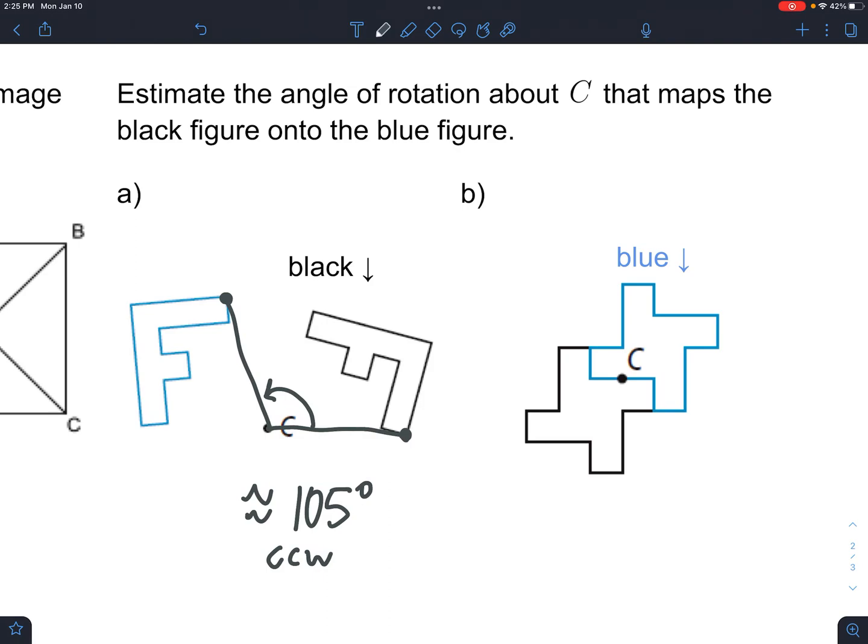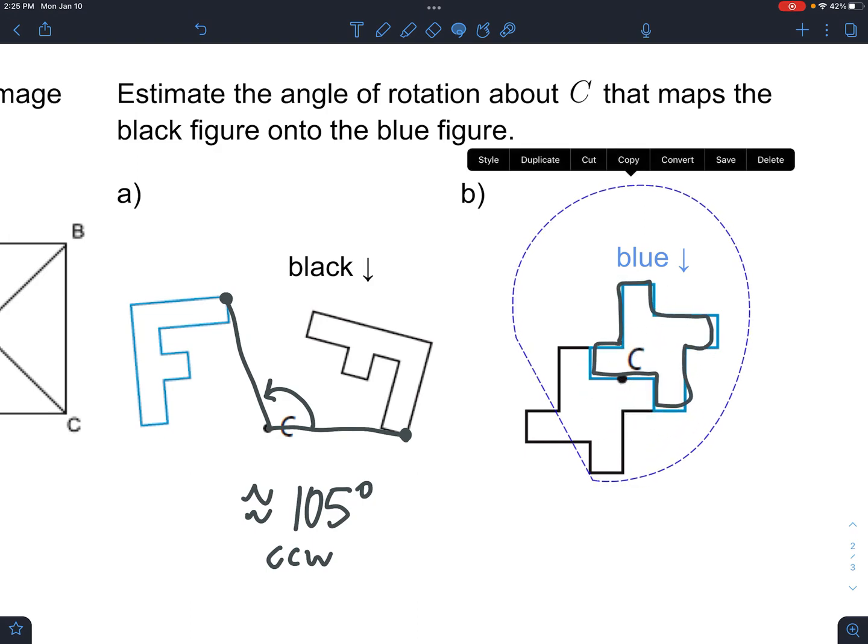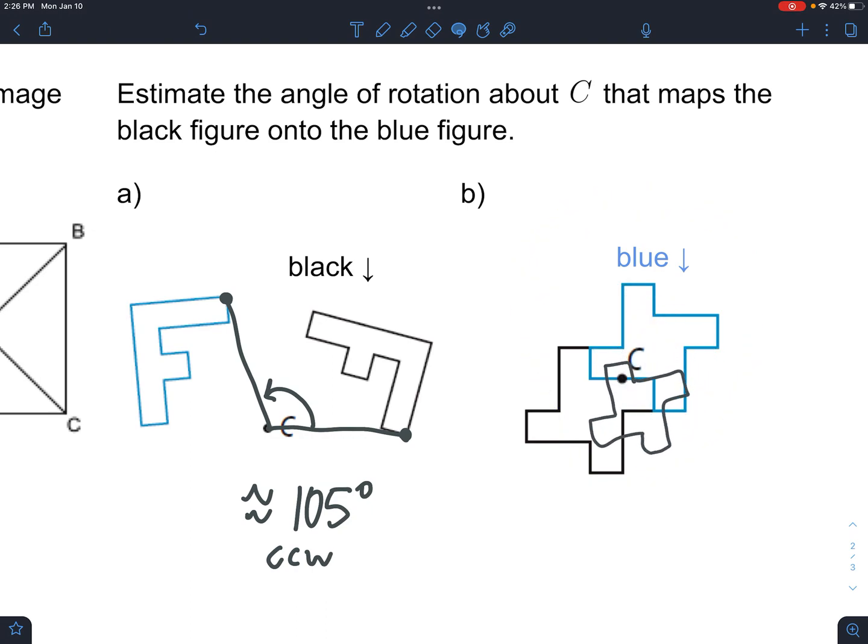With the blue one, it's less up to chance, right? We're gonna take this figure. Let's see if I can do it for you. And we're gonna visualize spinning it around like that. Oh, that's pretty good. So you just gotta think, okay, well, how far did you spin?